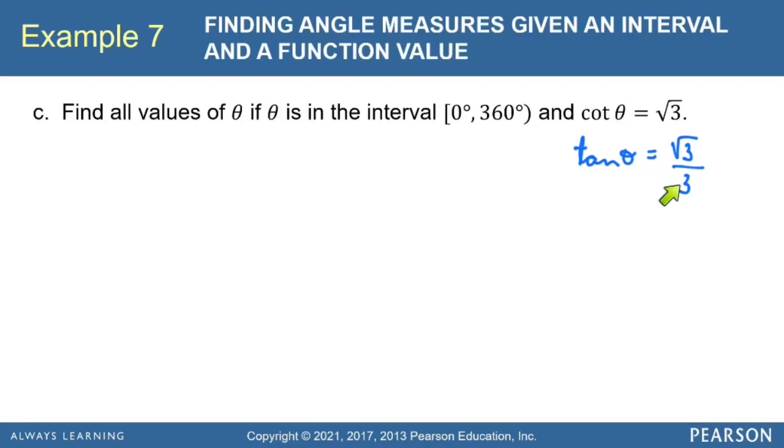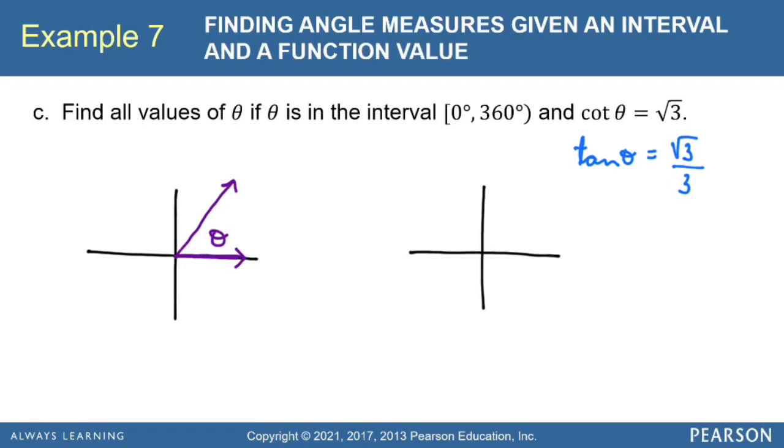Now this is a positive number. So first we want to identify the quadrants where we can have a positive tangent value. And that would be quadrant 1, so let's draw a quadrant 1 angle, and quadrant 3, so let's draw a quadrant 3 angle. And then we want to recall from memory which of our reference angles has square root of 3 over 3 as its tangent value, and that would be 30 degrees.